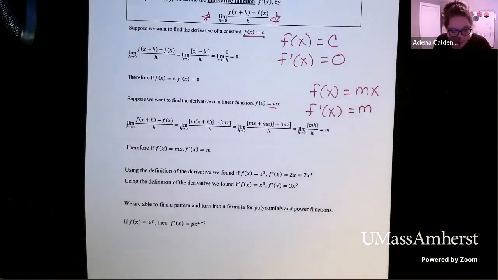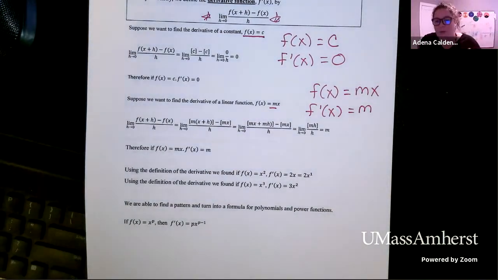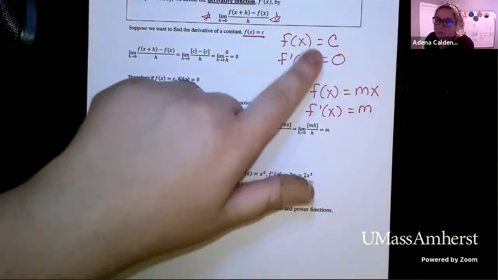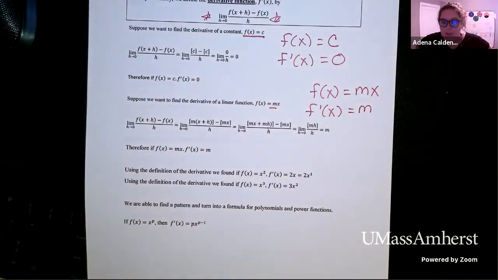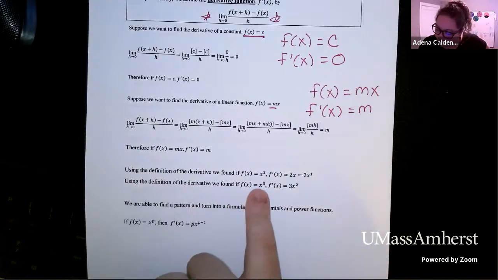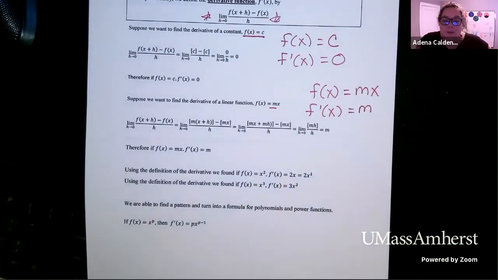Now, this isn't meant to give you a whole big map of how to use this limit. This is supposed to sort of show you that we can come up with generalized functions to get derivatives. If you start doing this with other types of functions, you start to get patterns. So if we were to use the definition of the derivative on x squared, we would find that the derivative is 2x, right?